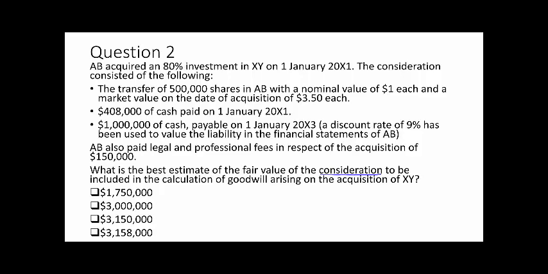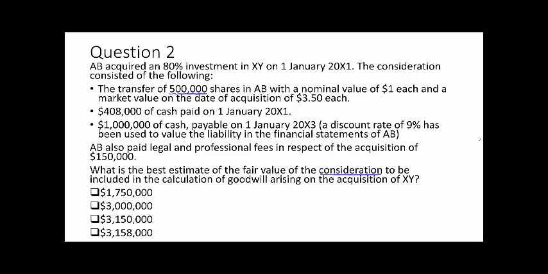So if we go back to the question, it tells us that AB acquired an 80% investment in XY on the 1st of January, and the consideration consisted of 3 parts. Firstly, the transfer of some shares in exchange. So 500,000 shares being issued.